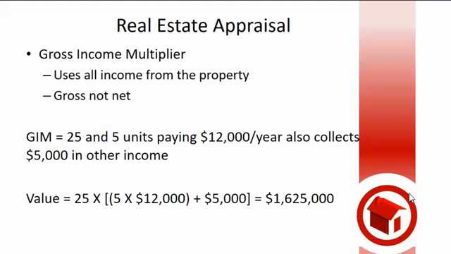So if the gross income multiplier is 25, if we use the same property, now we've got 5 times 12 is the 60,000, right? That's the rent. But you've also got 5 more thousand of other income, so you would add it together. So now you have $65,000 of income. 65 times the 25 turns out to be $1.625 million of value.